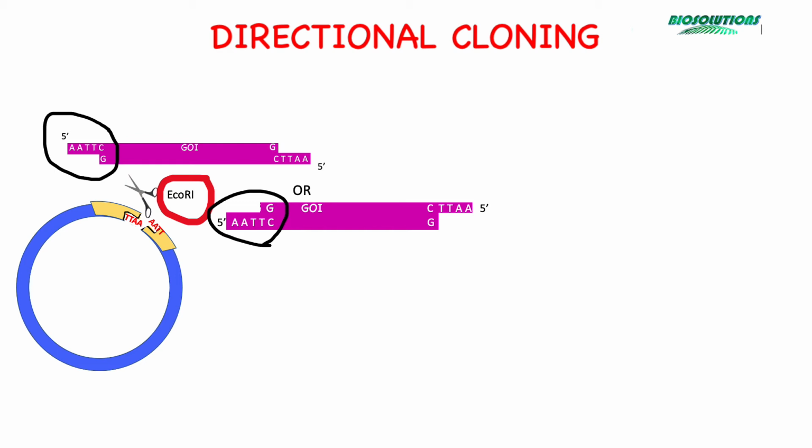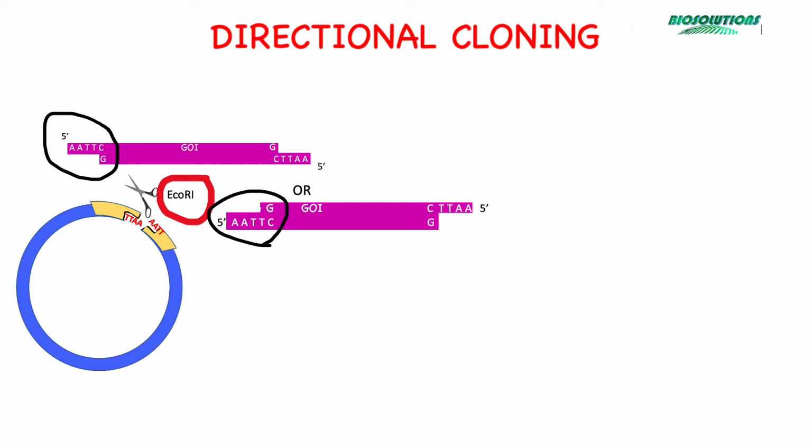Since both ends can be compatible with the cut plasmid, if the cloned DNA fragment is being used for protein expression, then this can cause issues with the promoter not being aligned with the start codon. Also, any plasmid cut with only one enzyme can self-ligate and recircularize again without an insert or GOI.